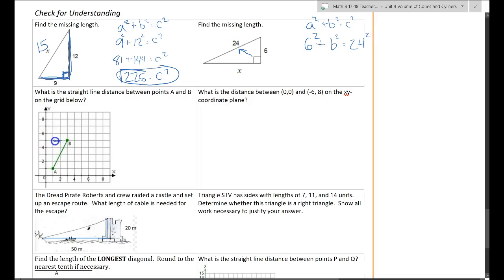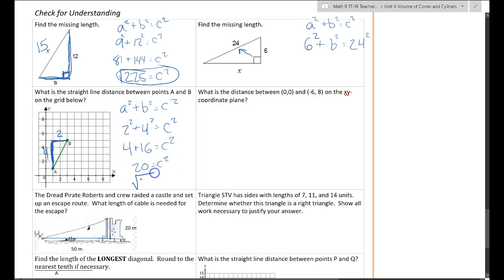The only other thing to notice here is you can actually turn this into a triangle that is 2 by 3. 1, 2, 3. Oh, my mistake, 2 by 4. So those are a and b. So I can say a squared plus b squared equals c squared and plug in 2 and 4. 4 plus 16 equals c squared. 20 equals c squared.